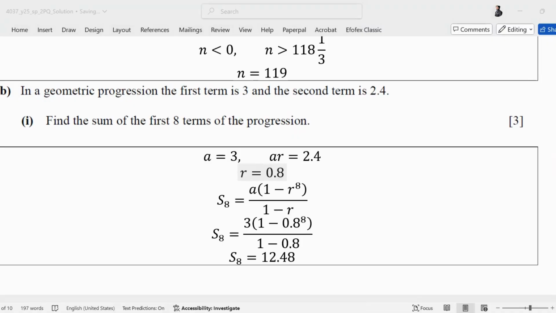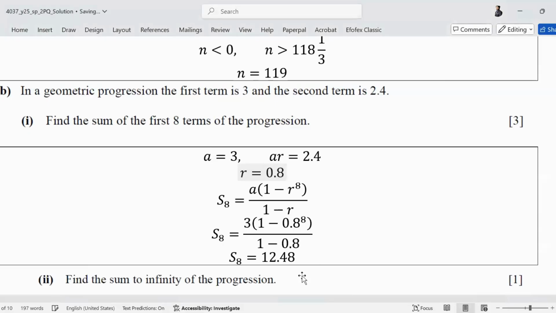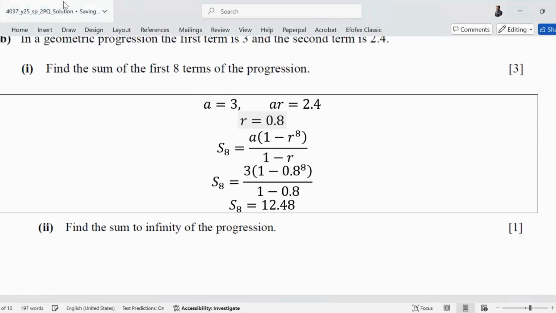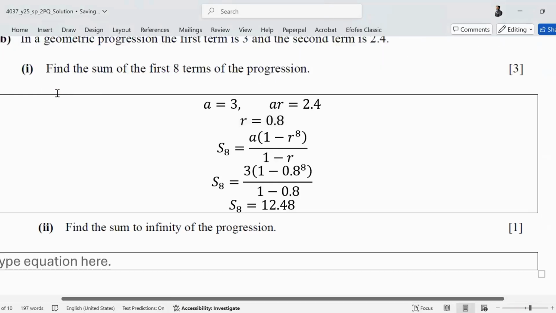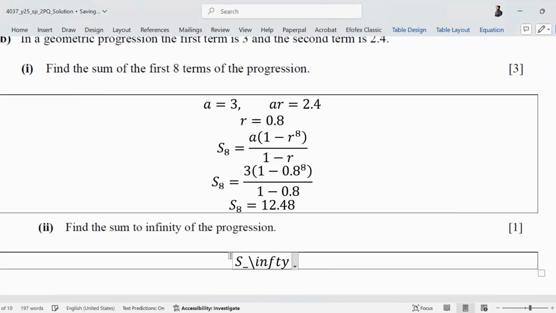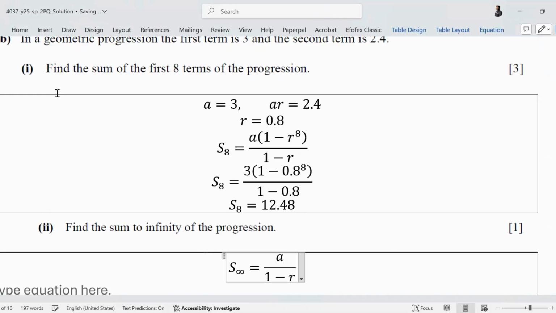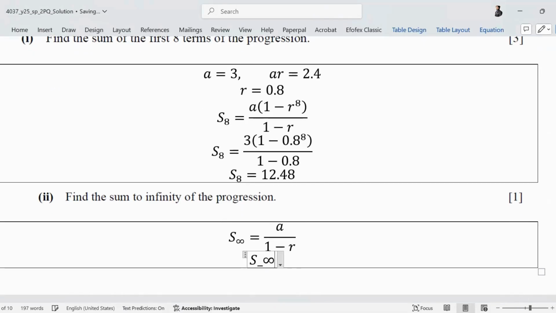Now, in the next part, the question is asking sum to infinity. Do not worry about all these formulae. The formulae will be provided. S infinity is A upon 1 minus R. So S infinity is A is 3, 1 minus 0.8.